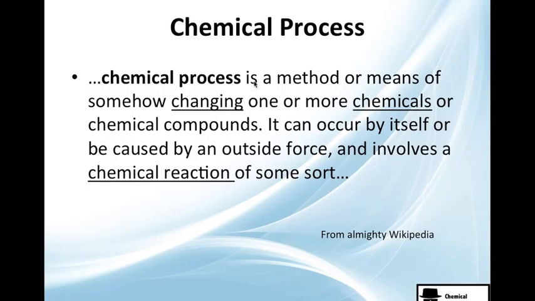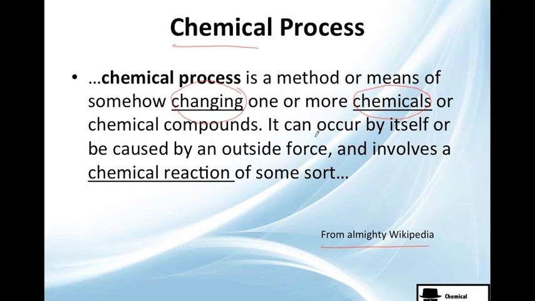Now, let's understand the difference between a normal process and a chemical process. Let me show you the meaning from Wikipedia, I like it very much. A chemical process is a method or a means of somehow changing, you need to have a change, one or more chemicals or chemical compounds must be involved.